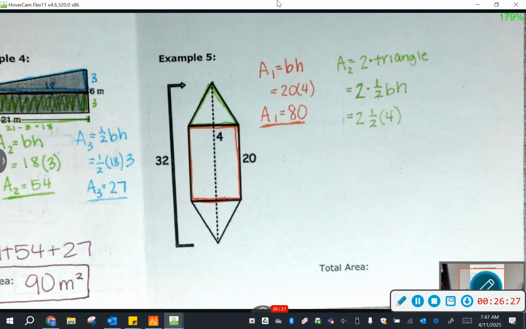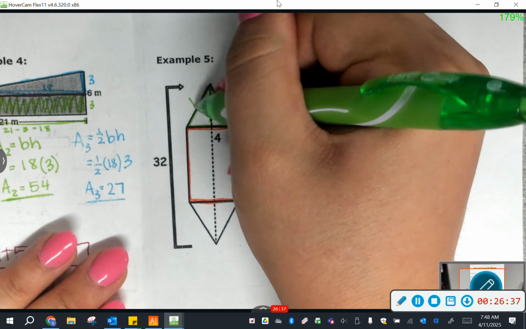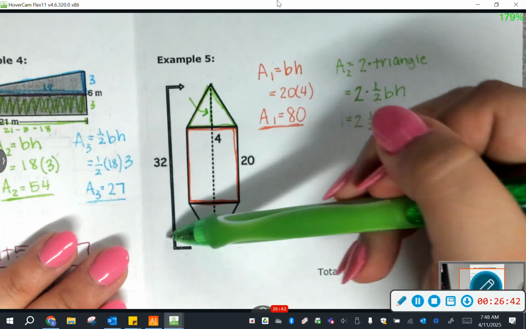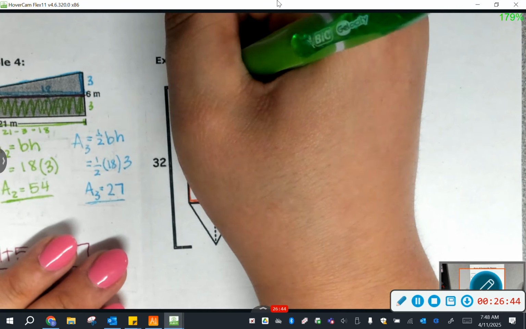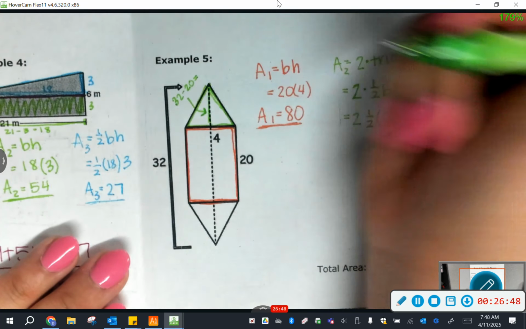Here's the tricky part, and here's the part that everybody messes up on the test. What is the height of this triangle? Would you subtract 20 from the whole thing, which is 32? Sure. So if I do 32 minus 20, what do I get? 12.